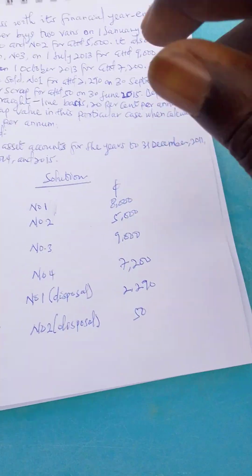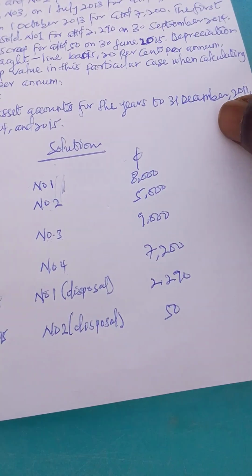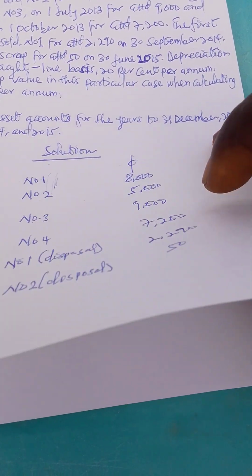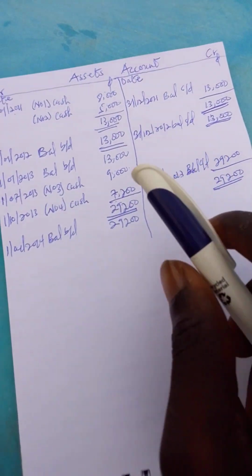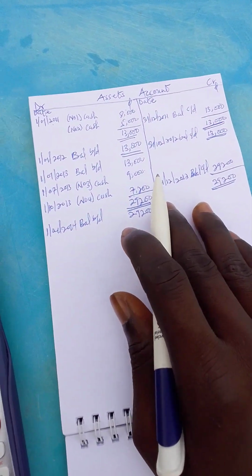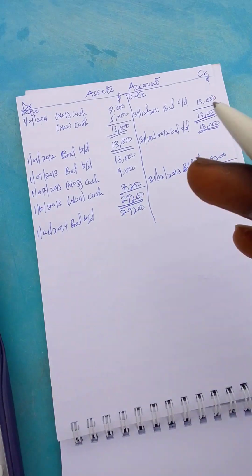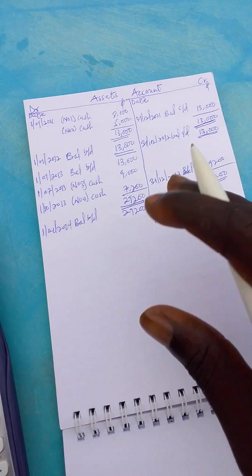So since no asset was introduced, but rather an asset was disposed, which is number one, we have to introduce disposal in the asset account. And since we are introducing disposal, this is the meaning. If you have four cars, you have recorded four assets.